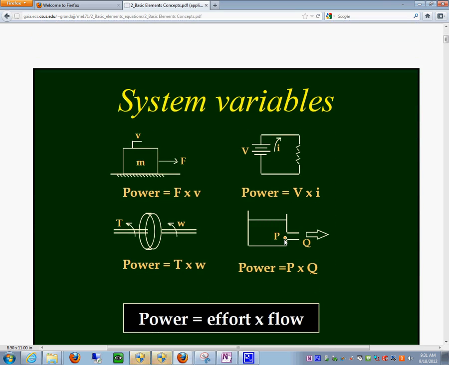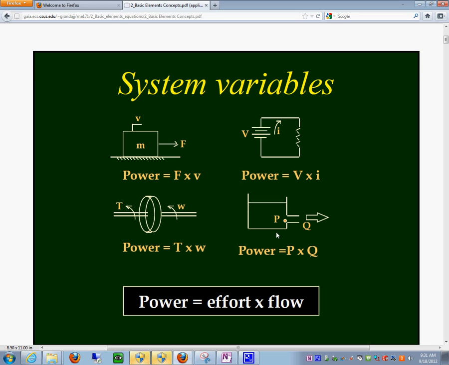So the first thing we're going to see is that in the world we have systems and system variables. As you can see on the left-hand side, we have a mechanical system here with a force and a velocity.